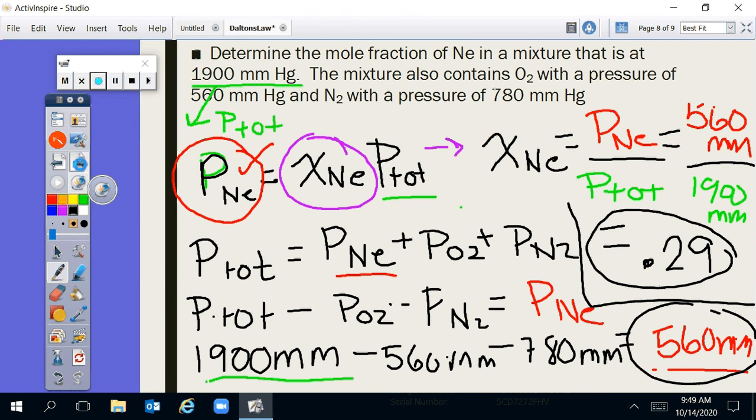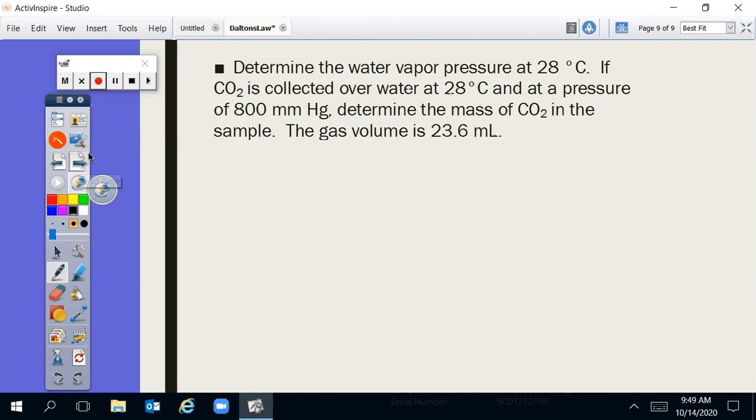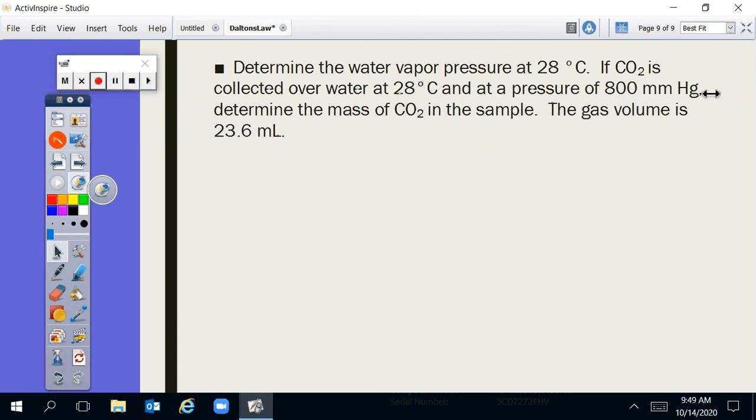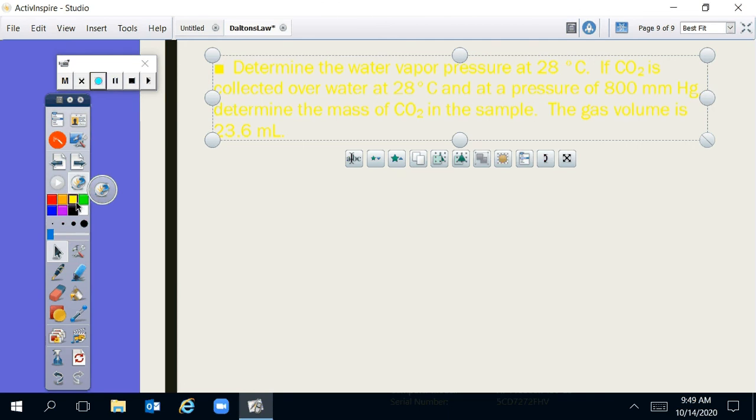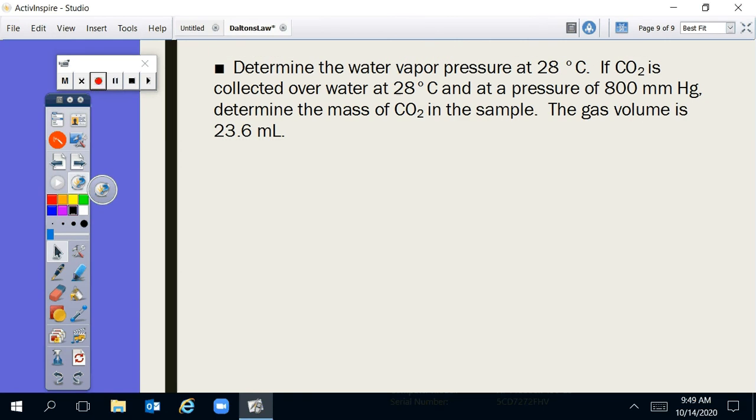Okay, last problem. Determine the water vapor pressure at 28 degrees. Okay, this right here. You are going to use your water vapor table that I showed you in the beginning to figure out the water vapor pressure at 28 degrees.